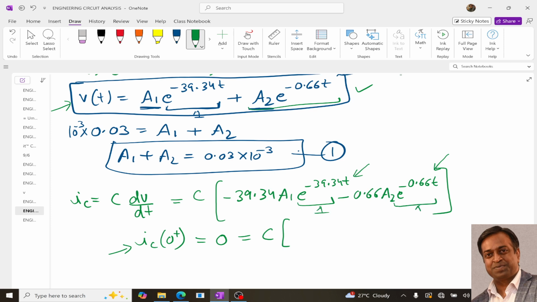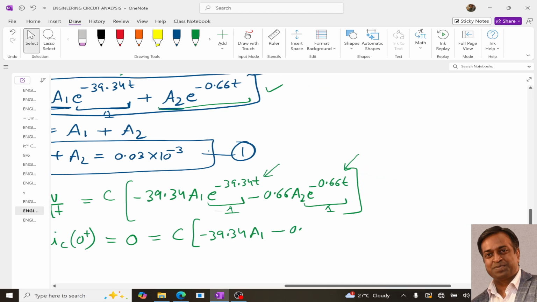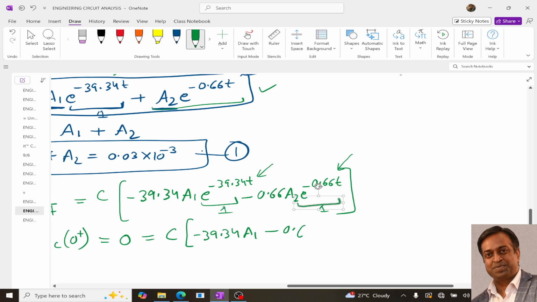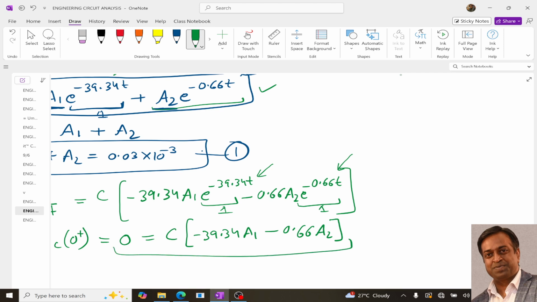So we will get minus 39.34 A1 plus minus 0.66 A2 equals 0, right?